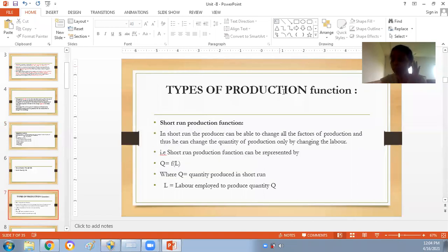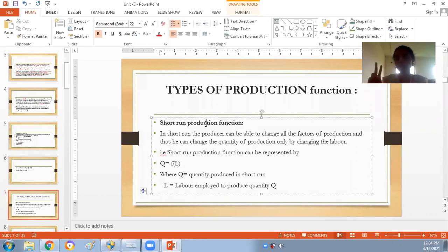We classify the production functions based on the possibility of changing the production factors, the possibility of making certain changes in the factors of production. According to that, we have two types of production function: long run production function and short run production function.